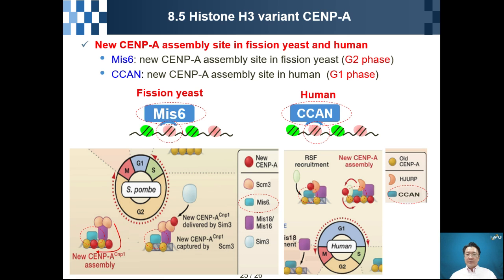In fission yeast, new CENP-A assembly happens in the G2 phase, and in human, it happens in the G1 phase. Also, Mis6 is the new CENP-A assembly site in fission yeast, and CCAN is the new CENP-A assembly site in human.